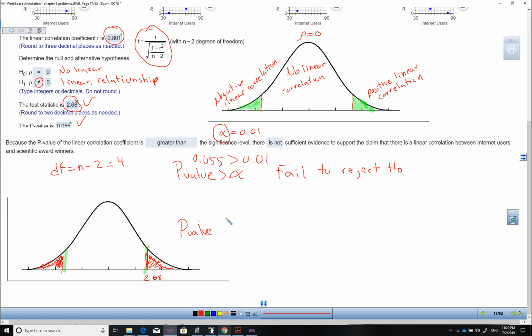is the probability of obtaining a t-score greater than or equal to 2.68 plus the probability of obtaining a value of t less than or equal to negative 2.68.